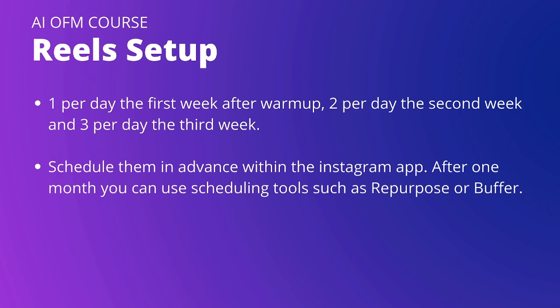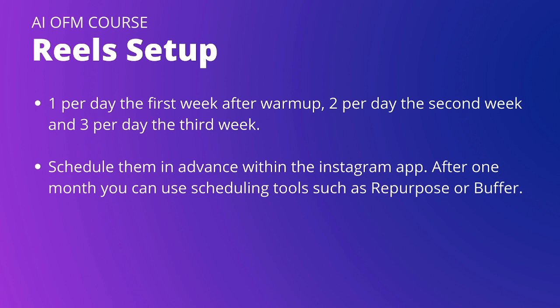It might sound like a lot to get to 3 per day, but remember, if you're using AI, you should be able to produce a lot of reels. You're not depending on the model and her work ethic, which is usually shitty. Use a lot of content because you can create a lot.